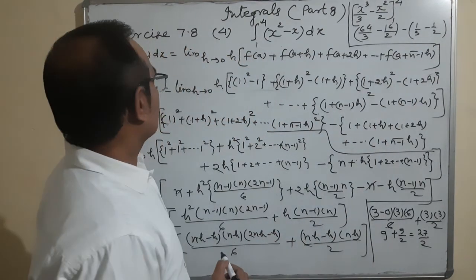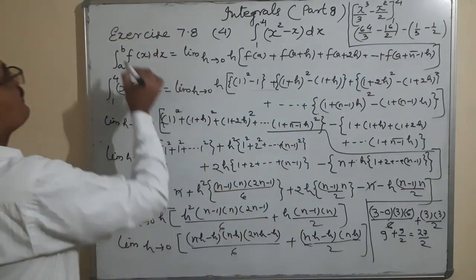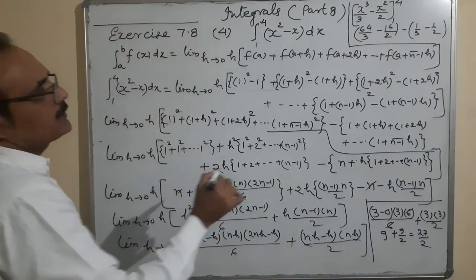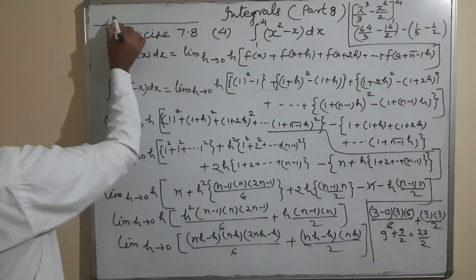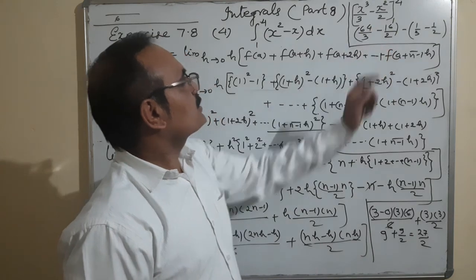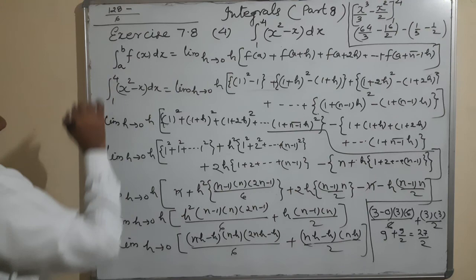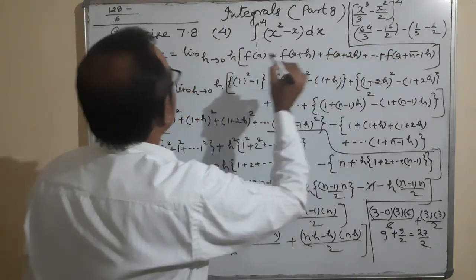Now let us see the result. Okay, LCM is 6: 64 times 2 is 128 minus 16 times 3 is 48.